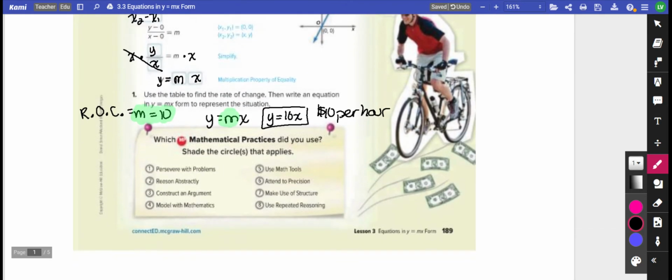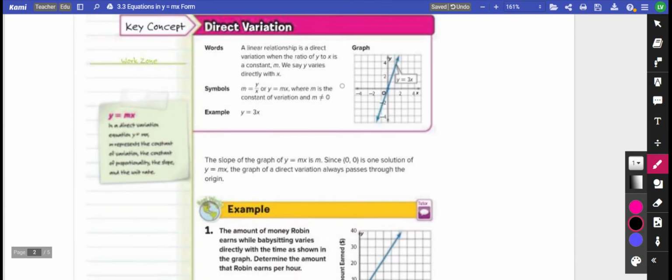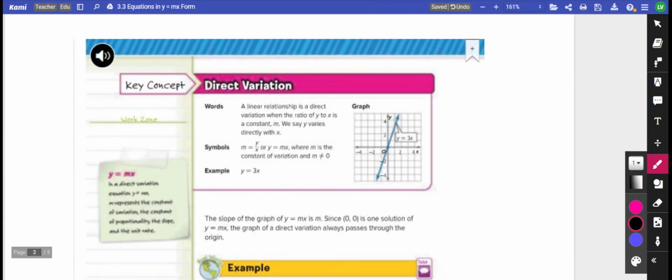So let's continue. Key concept: direct variation. In words, a linear relationship is a direct variation when the ratio of y to x is a constant, which is m. We say y varies directly with x.